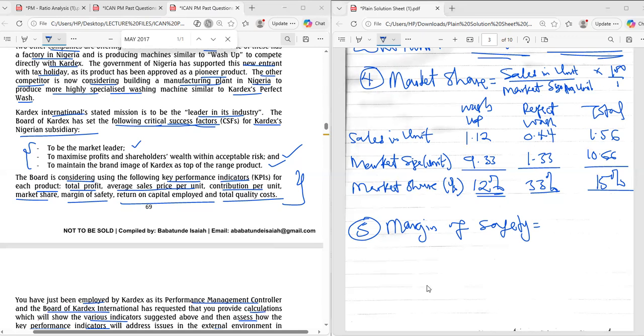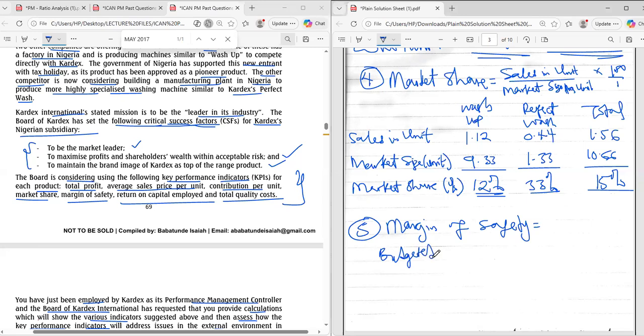Margin of safety is actual sales minus break-even sales over actual sales, times 100. I mean, budgeted sales minus break-even point in sales.